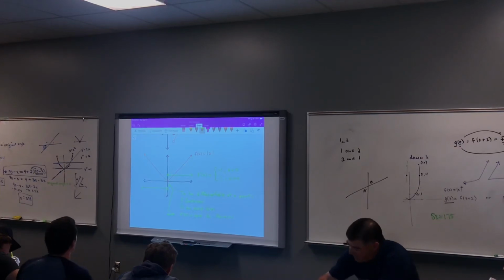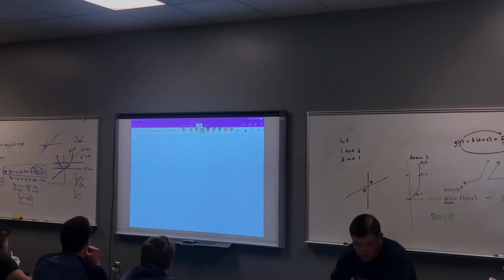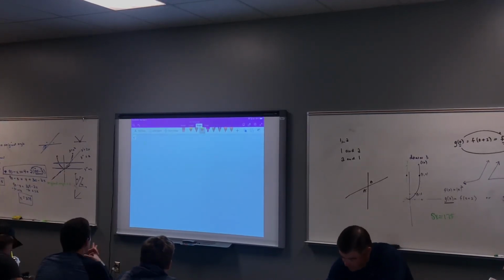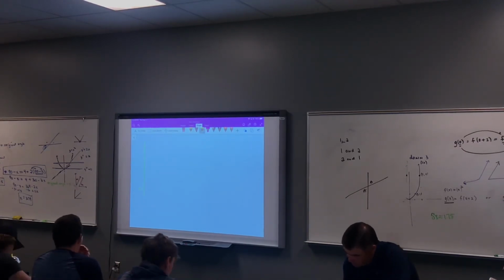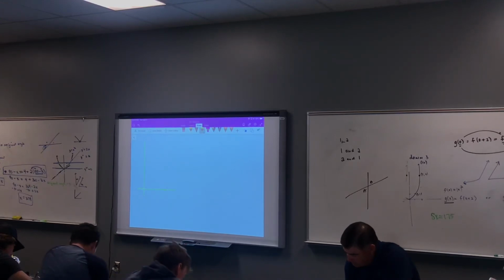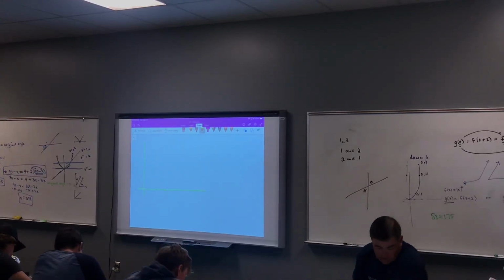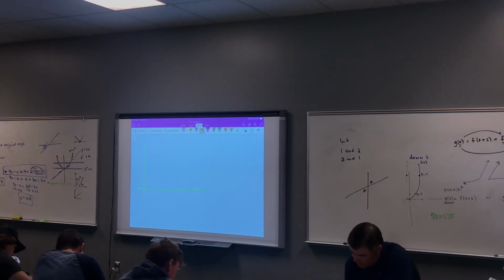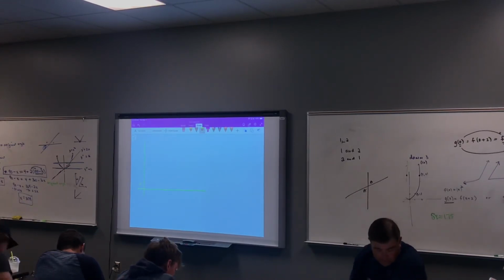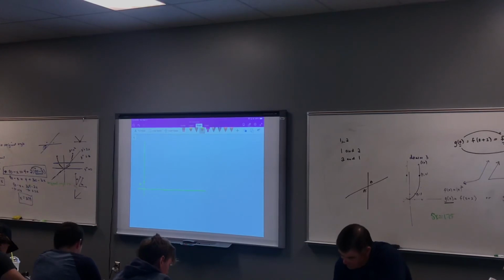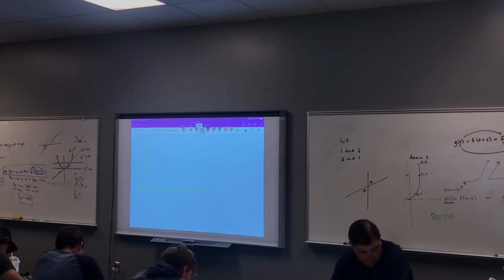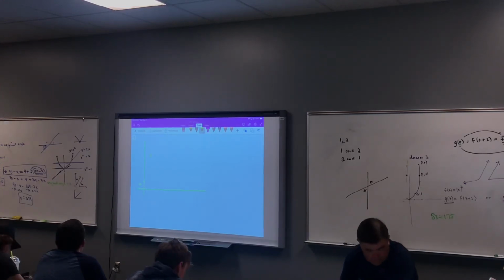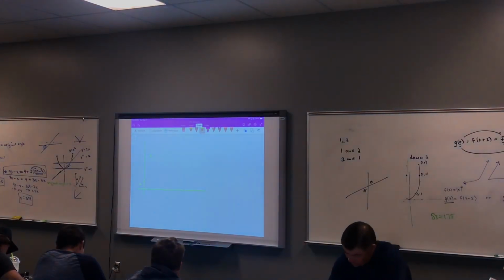All right, let's expand on this a little bit, and let's try this picture. All right, so I'm going to put point A at 0, 1. I'm going to put point B up there a little bit above 4, a little bit between there, so we're going to put point B right about there. Point C right there.